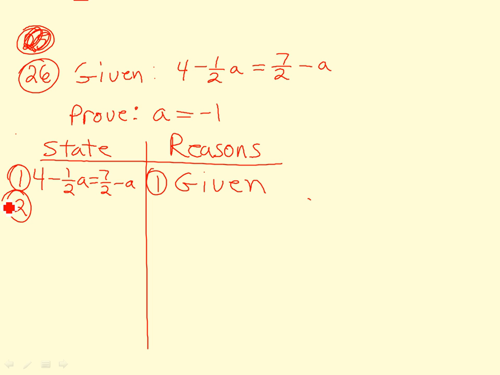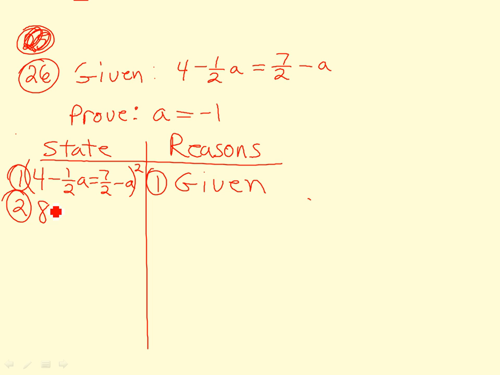What's the first thing you're going to do on this to start to solve this? The first thing I want to do to try to make it easier for you guys, do we really want all those fractions in there? So you multiply the whole thing by 2. What's 2 times 4? 2 times this negative 1/2, what happens with the 2's?